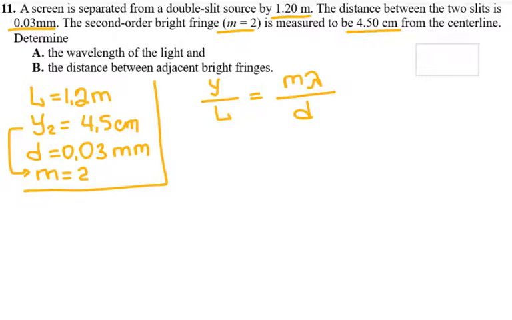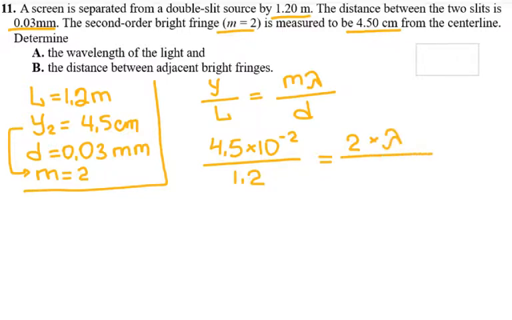The information that is given: the second fringe is 4.5 centimeters, so y is given as 4.5 centimeters. Centi is 10 to the negative 2. The distance to the screen from the double slit is 1.2 meters. It is the second fringe, so m is 2. And the wavelength I am looking for is the one they asked me to find.